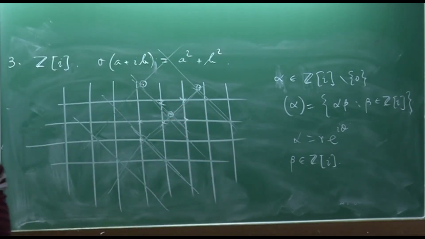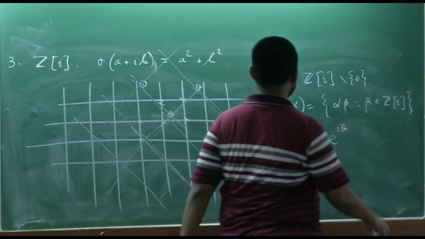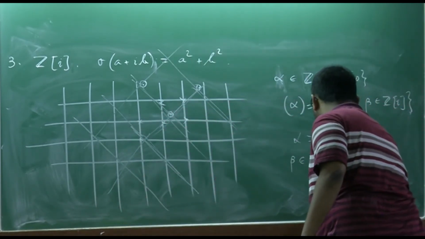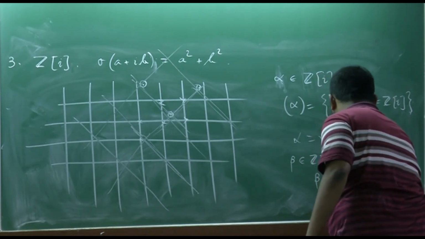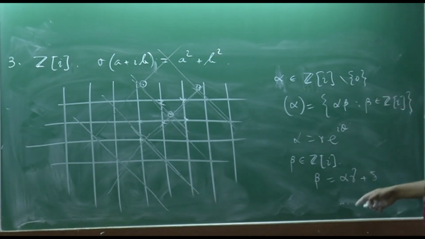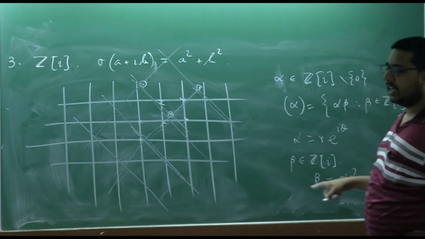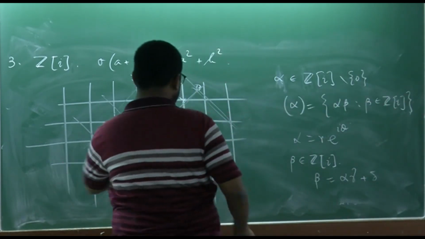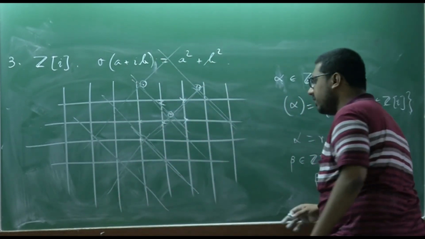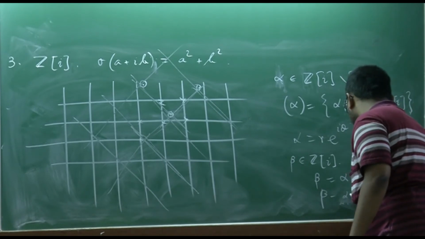Now, why is the division algorithm true here? What we have to do is write beta equal to alpha times gamma plus some delta, where delta is either 0 or its size is smaller. What does that mean actually? Geometrically, can we see how to obtain this gamma?